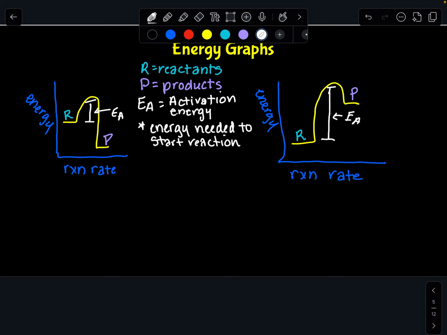Now, where we get a lot of information is from looking at where the products are energy-wise related to the reactants. So in this first example, example one, we notice that the energy of products, so energy of P, remember P is products, is less than the energy of reactants.